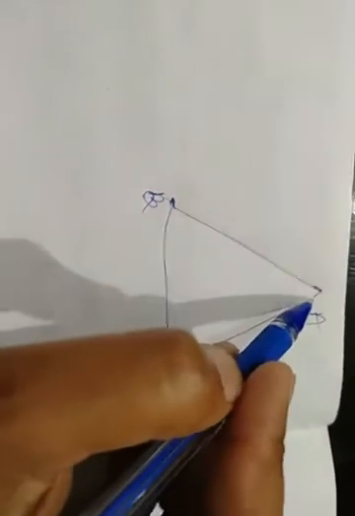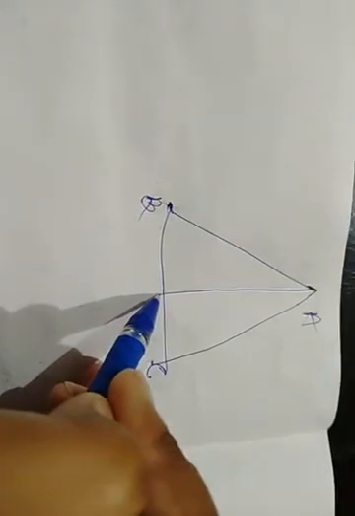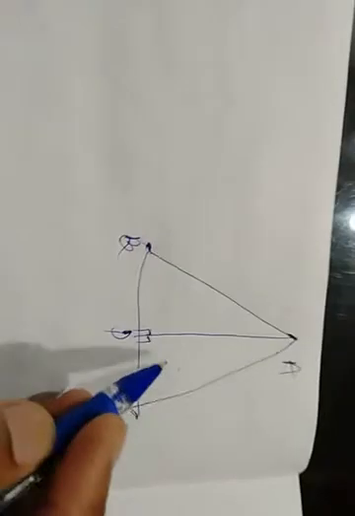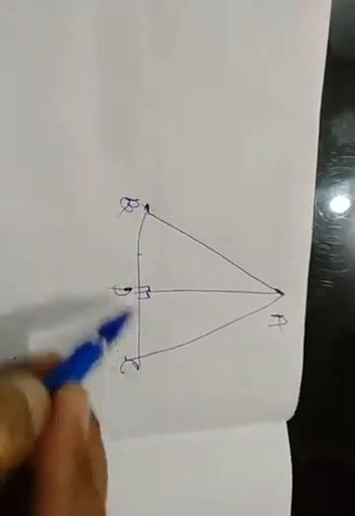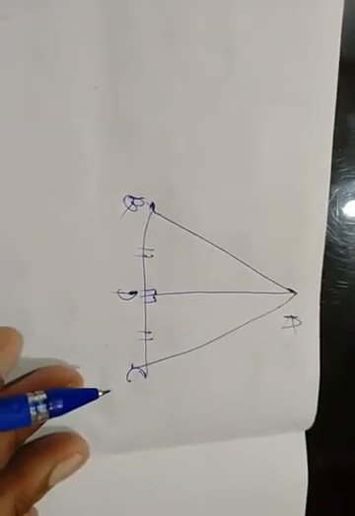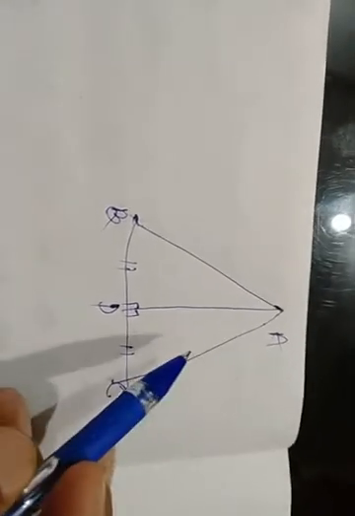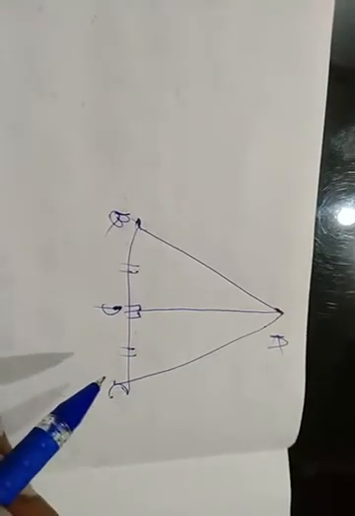sides, let AD be the altitude, that is 90 degrees. Let AD be the altitude and AD bisects the opposite side BC, that is BD is equal to CD. Now we have to show that this triangle is isosceles.